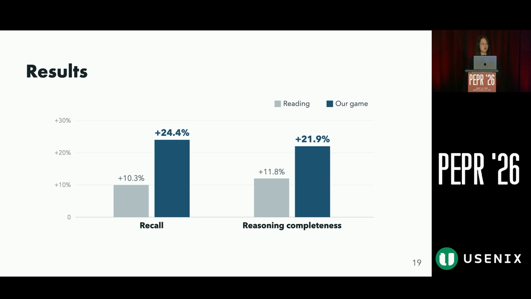Both groups improved on both metrics. For recall, the reading group improved by 10%, and those who played the game improved by 24%. As for reasoning completeness, the reading group improved by 12%, and those who played the game improved by 22%. So both groups improved, but those who played the game improved more.